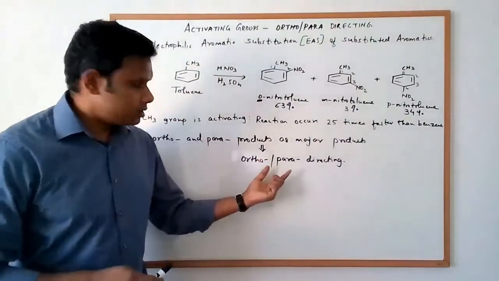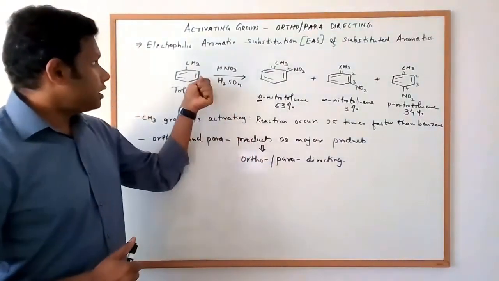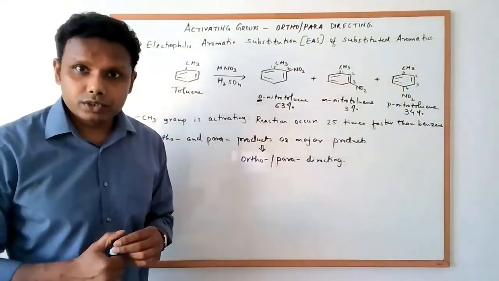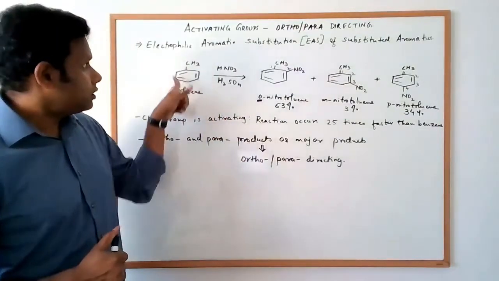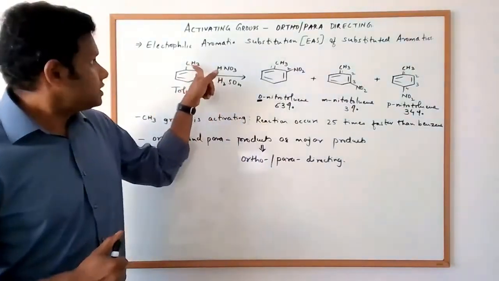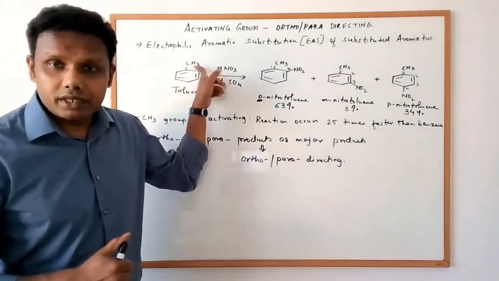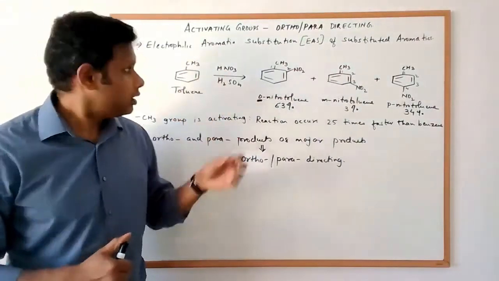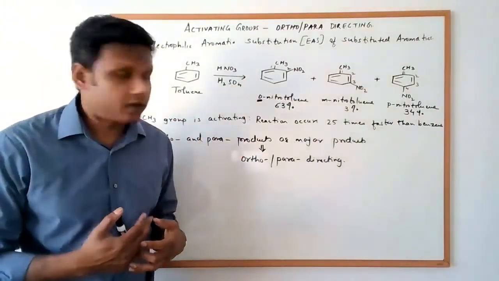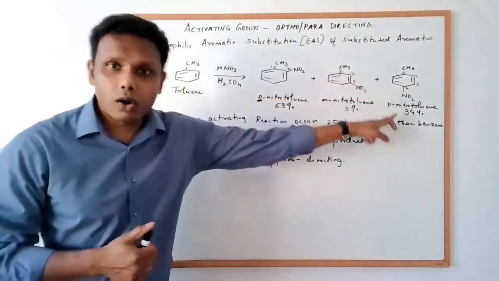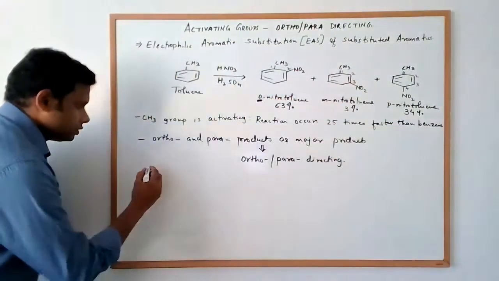And what that means is that when an electrophilic aromatic substitution is going on in this molecule, this substituent, the methyl group, is somehow directing the incoming electrophile to the ortho or the para position, okay?